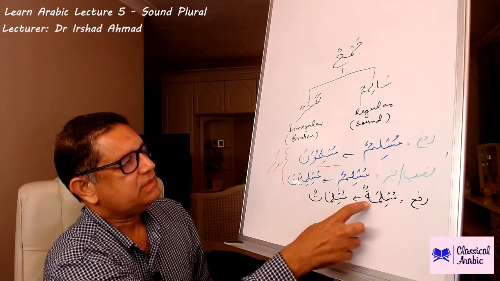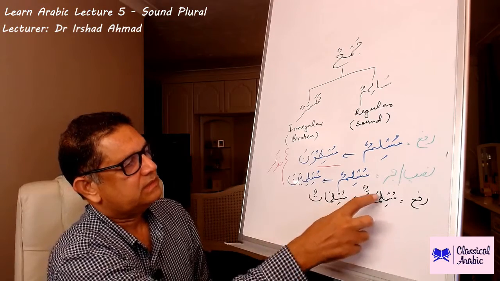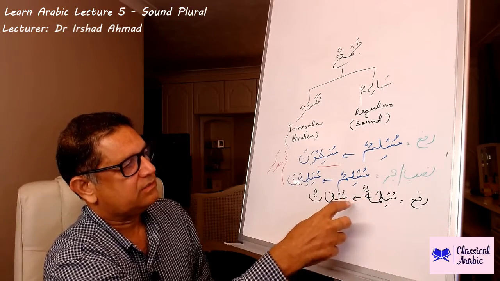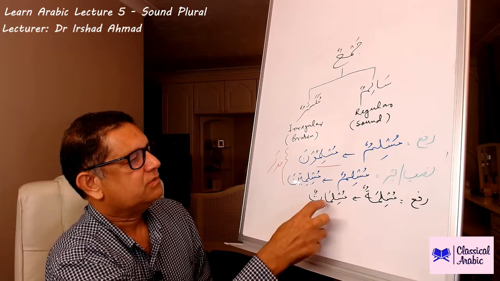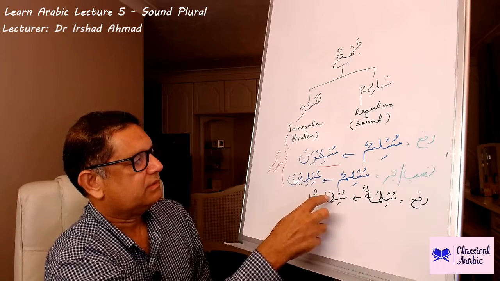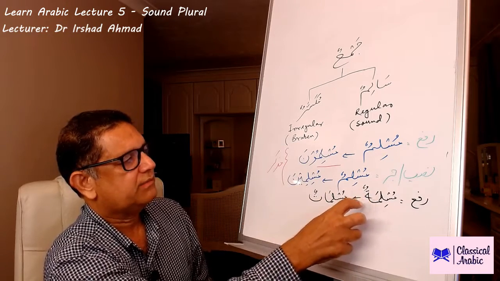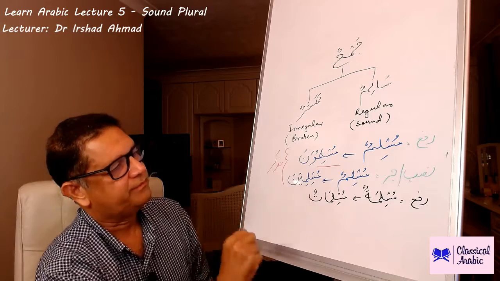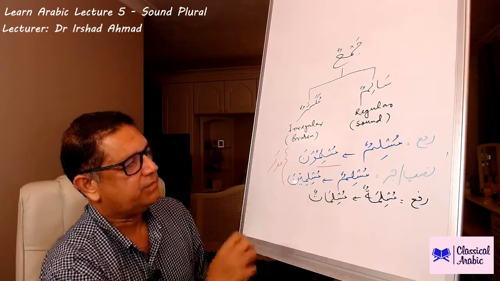So from muslimatun, muslimatun. There is a slight difference in the sound. It is important to make it a bit long here. So the difference is clear between singular and plural.